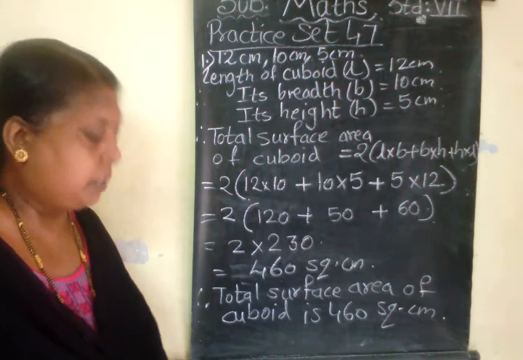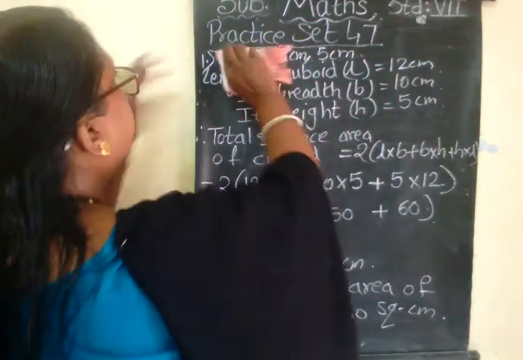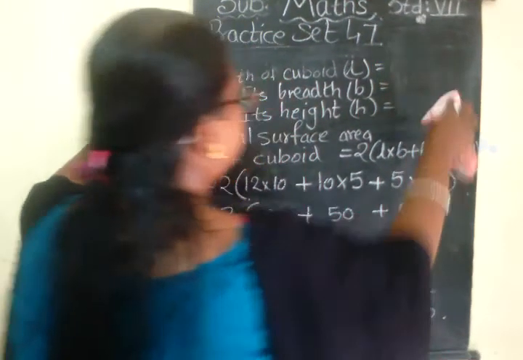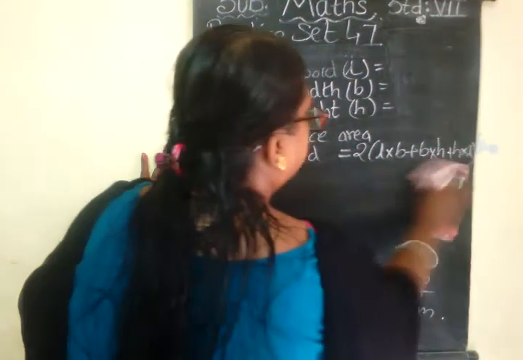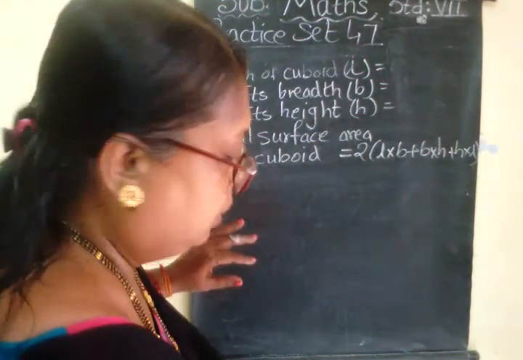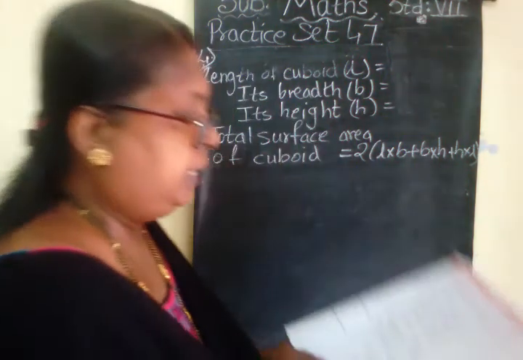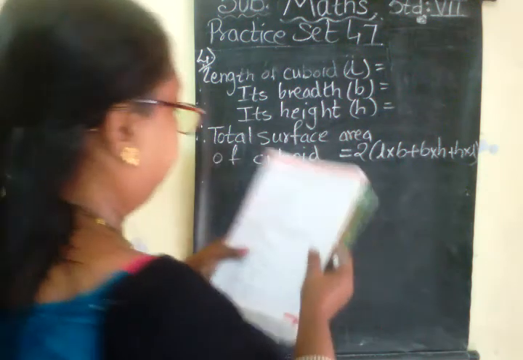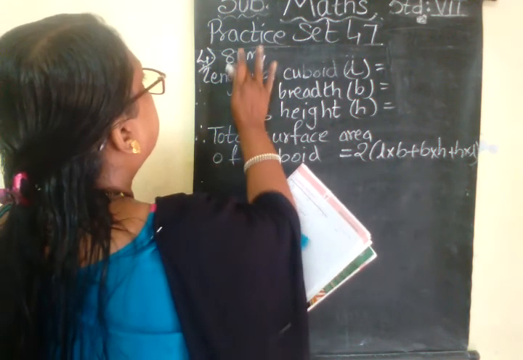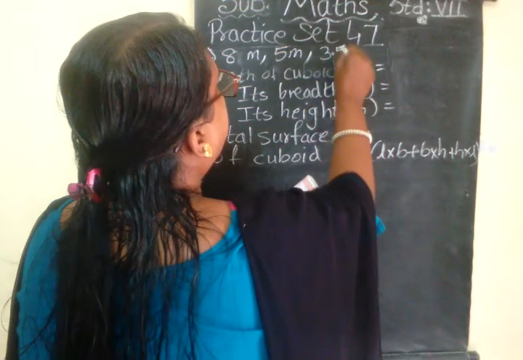Now I will be solving the fourth sum. Now the fourth sum of the same I will be solving, where the length is 8 meter. The measurements given are in meter: 8 meter, 5 meter and 3.5 meter.